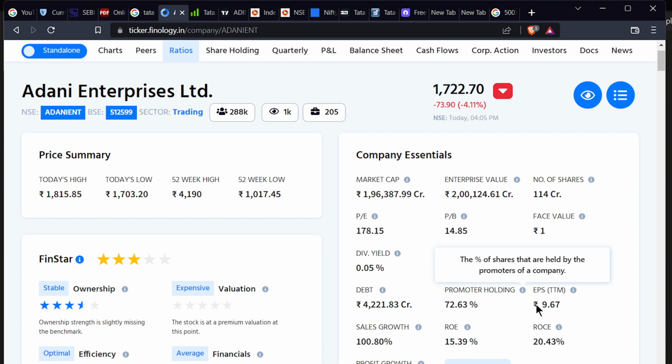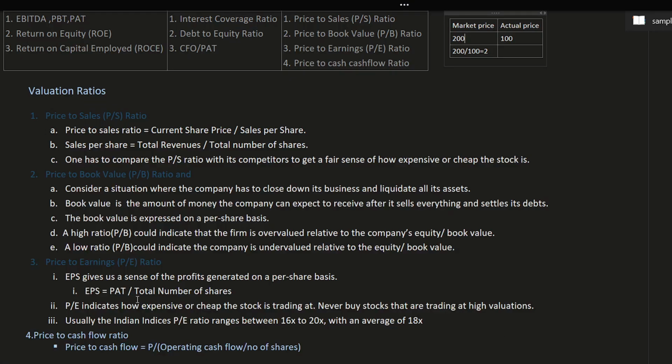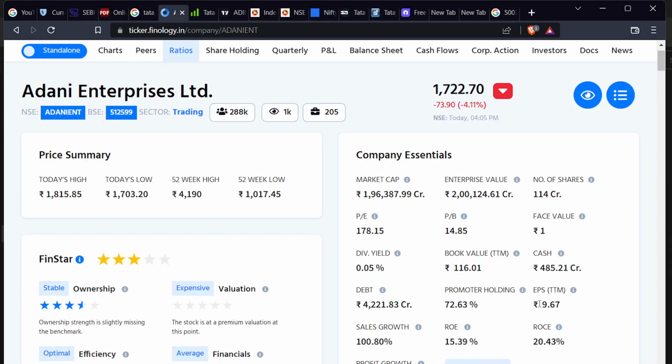So to get a profit of 9.67, you need to pay 178 times higher than this EPS. For example, let's assume EPS is 10 rupees. It's 9.67, around 10 rupees, and if you assume the PE ratio is 10, then to get a profit of 10 rupees, you need to pay 10 times, means you need to pay 100 rupees.